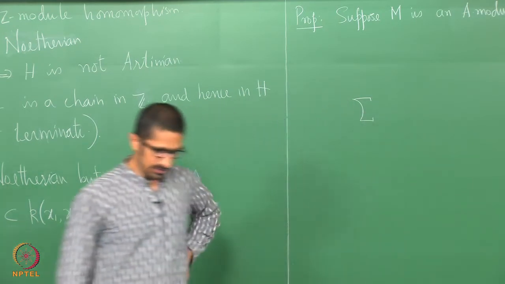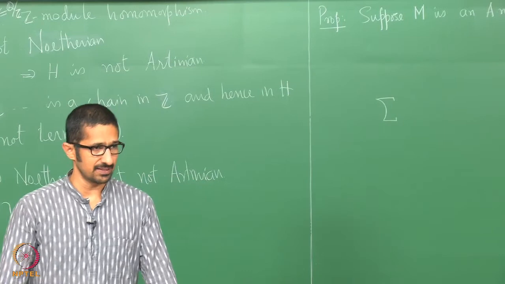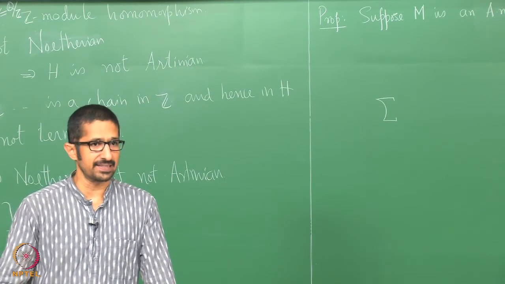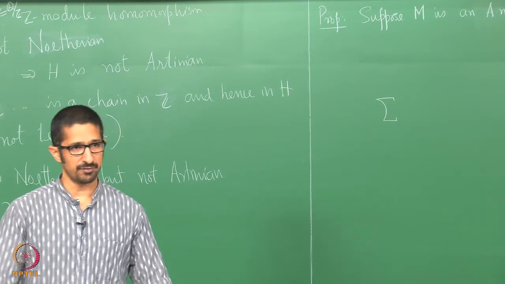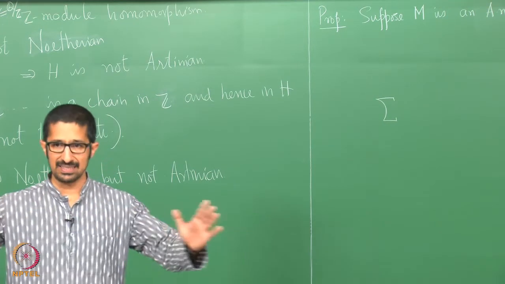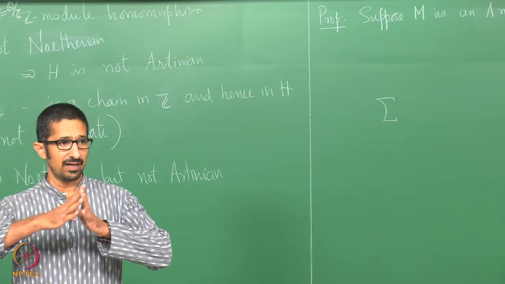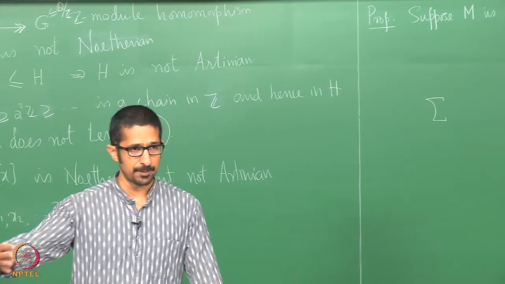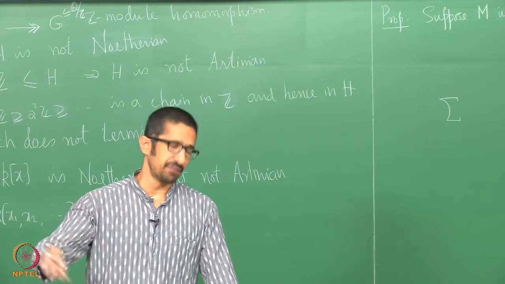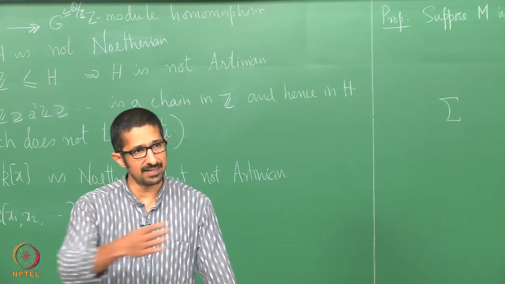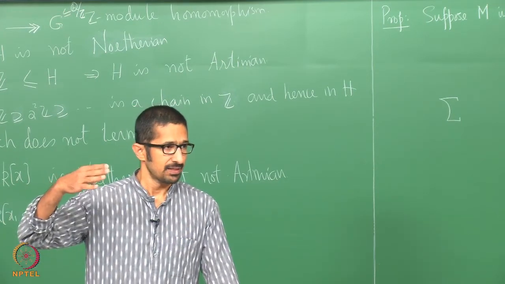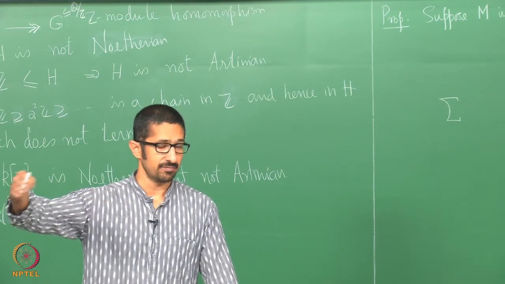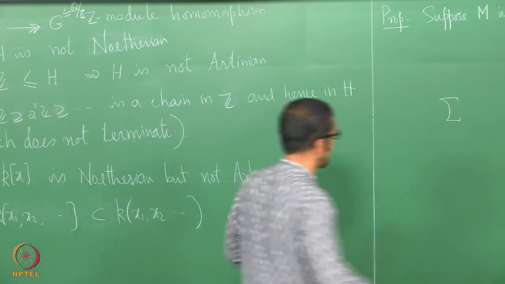See, suppose a module is not finitely generated, which means there exists a collection of infinitely many elements which forms a minimal generating set, and that gives me an infinite chain.